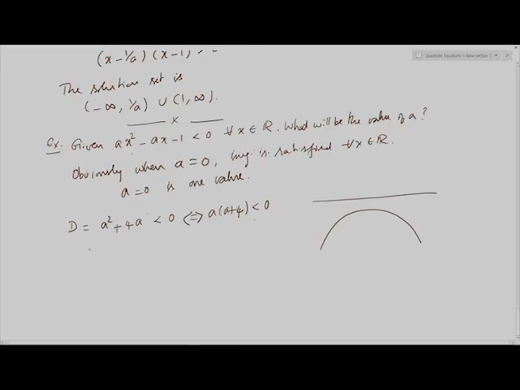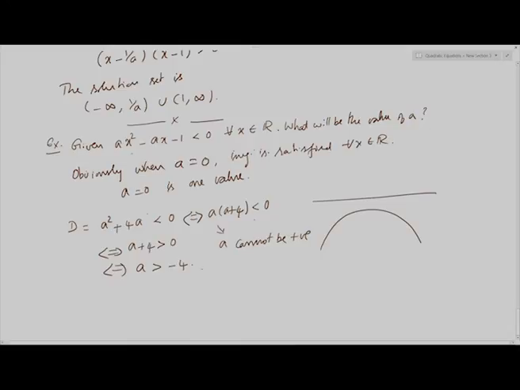Since a is negative, a plus 4 should be positive, which implies a is greater than minus 4, and a is negative. Remember, a cannot be positive because of this inequality.